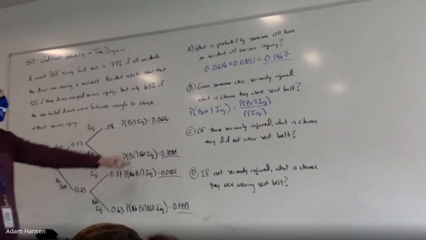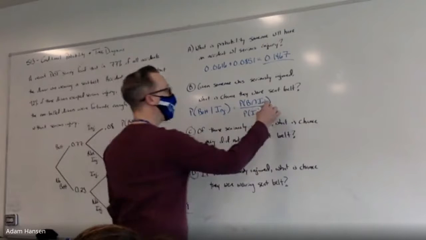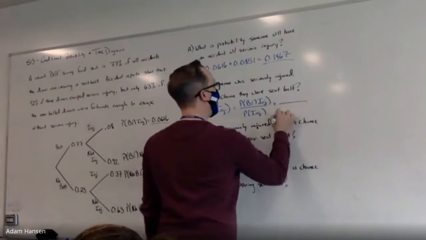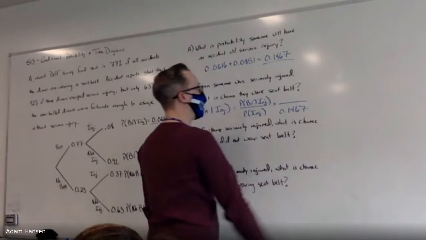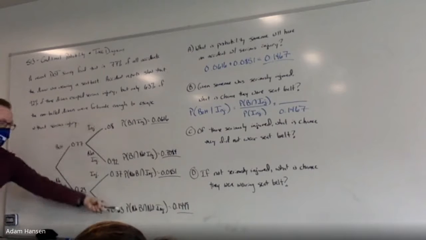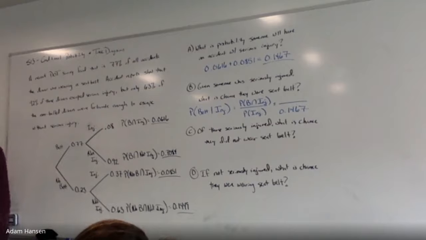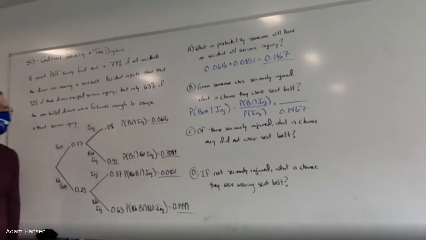Well, didn't we just answer the proportion of those that were injured in part A? Yeah. So that's going to go on the bottom: 0.1467, the part that had the serious injury. And of that part, how many were wearing a belt? Which of these four numbers from the tree diagram tells us? Belt and injured, that should be the 6%.